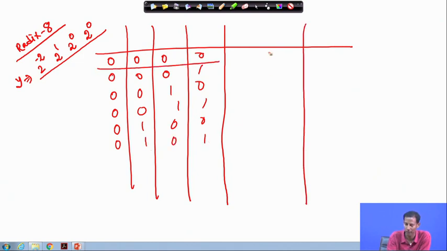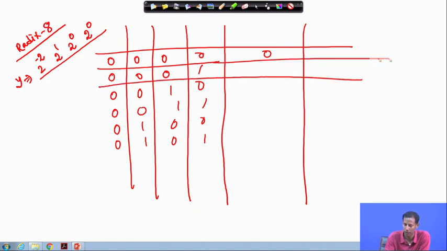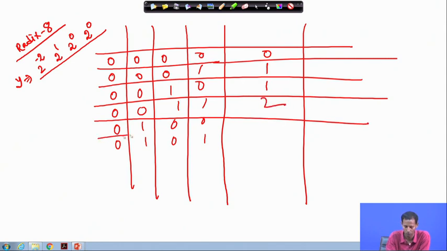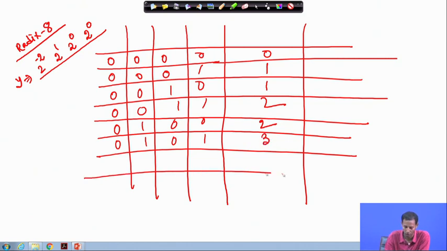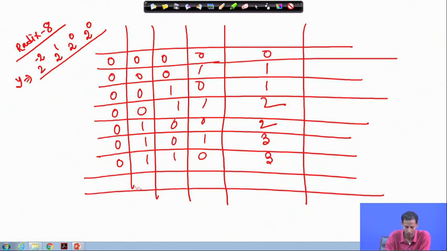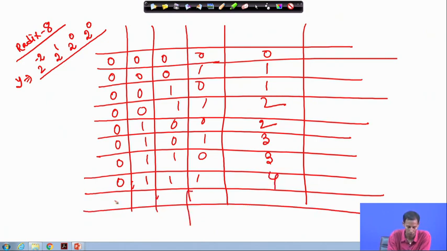So for this case it will be 0, for this case 1, for this case again 1, for this case this is 2, for this case this is 2, for this case this is 3, for 0 1 1 0 again this is 3, then for 0 1 1 1 this is total 4, then again for 1 0 0 0, this is -4. So something like this I will get.